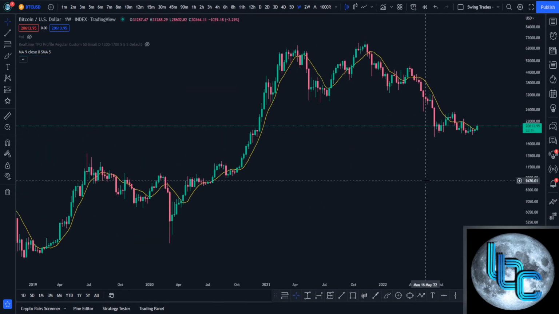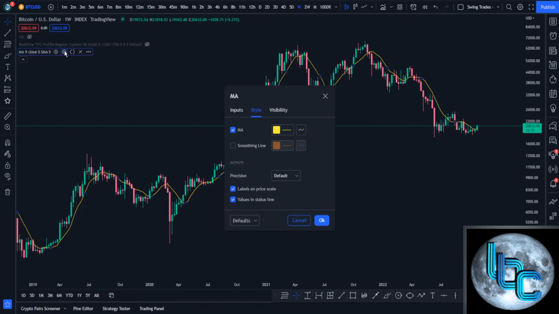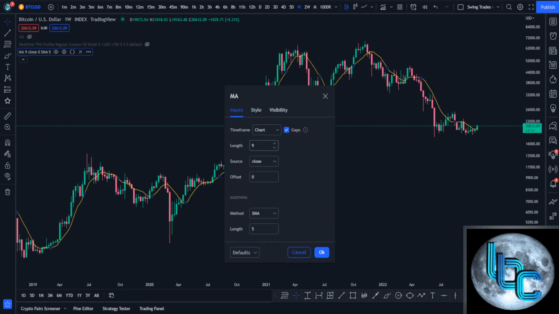As you can see, every single time you move down a time frame, the moving average changes, because what is happening is it is set right now to a length of 9. So this one in particular is going to be close to the candle bars no matter what, just because the length is 9.